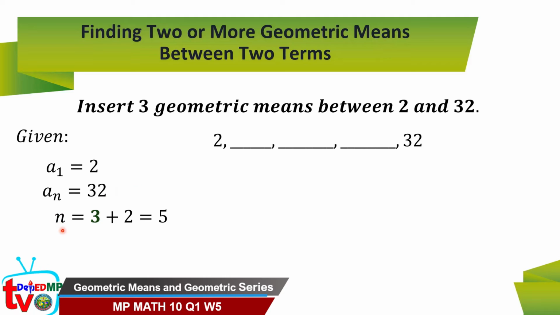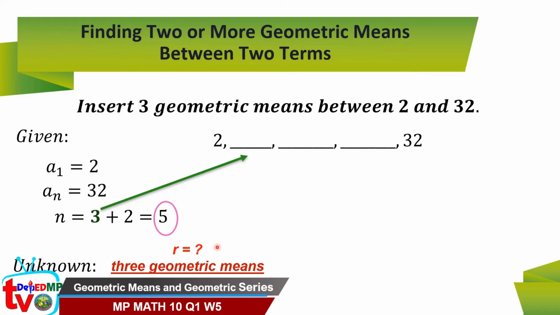For the number of terms, there will be 5, since we are to insert 3 terms: 1, 2, 3, plus the 2 given terms, making it 5.